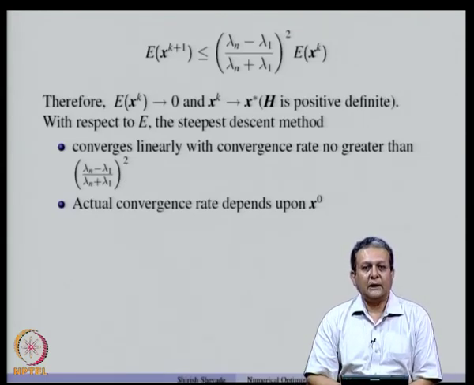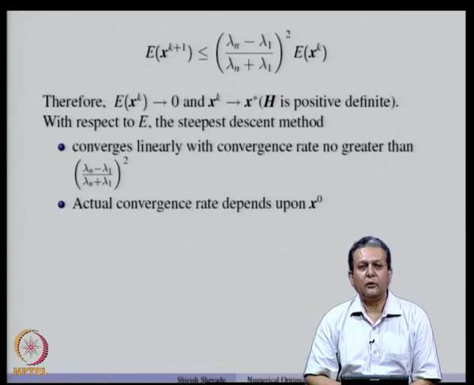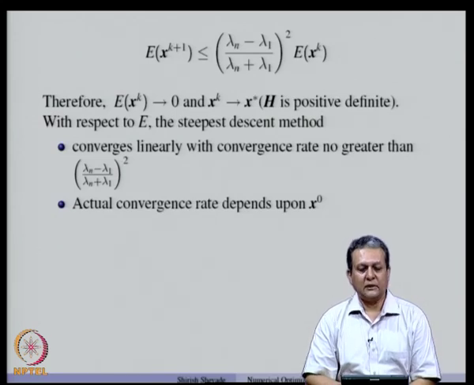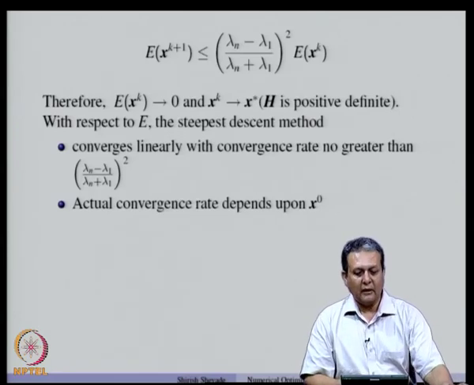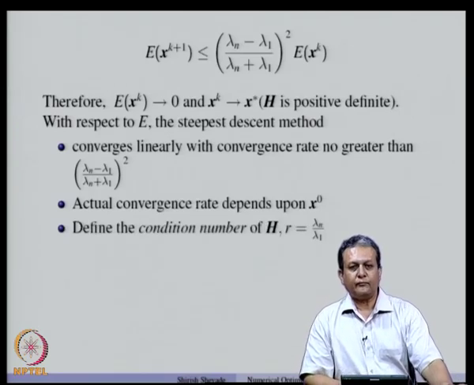The actual convergence rate does depend upon x naught. So, we saw earlier that different x naught for elliptical contours will result in different convergence rates for a quadratic function.